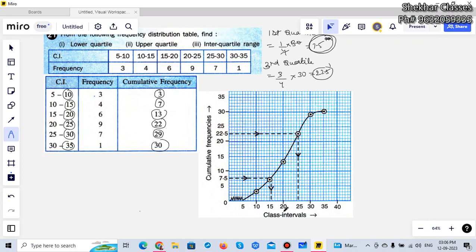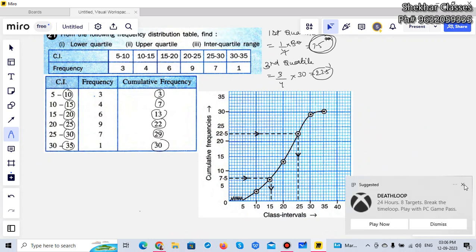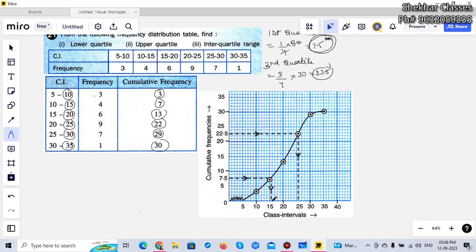If you see it closely, this 15.5 is not exactly 16, so we can say it's 15.5. So the first quartile, corresponding to 7.5, is 15.5.